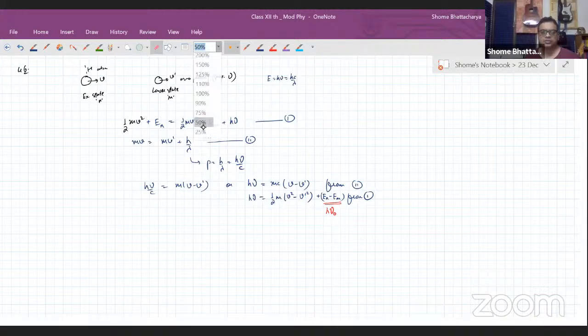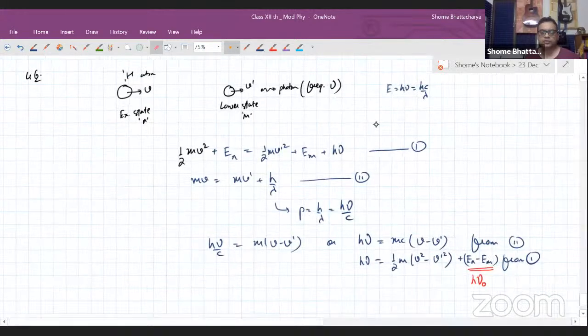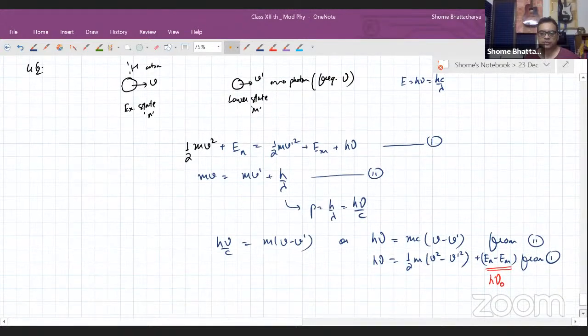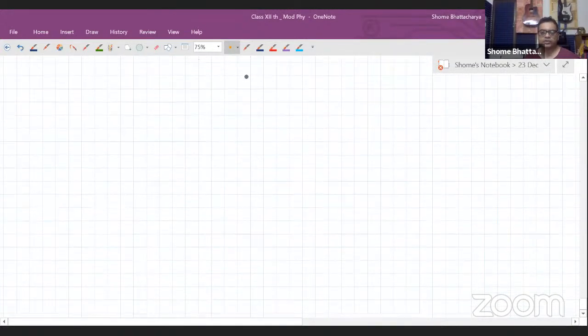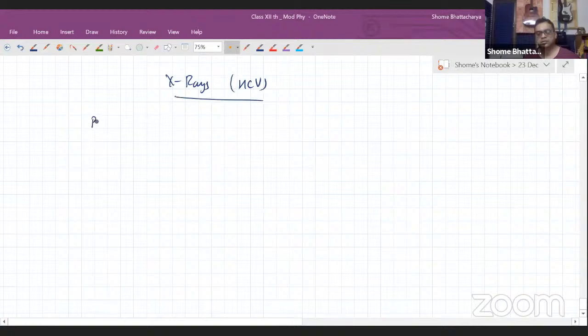So this is basically got to do with the concept of cutoff wavelength, or maximum energy of X-ray photon that we can get. This is the X-rays chapter from HCV, on page 395 in my book. Question 21.